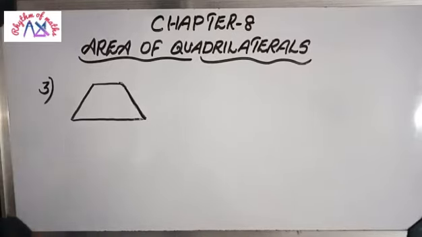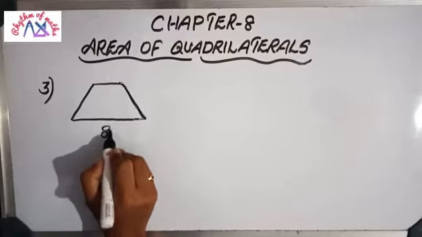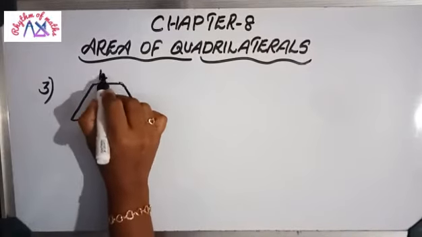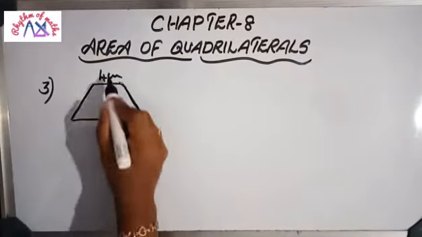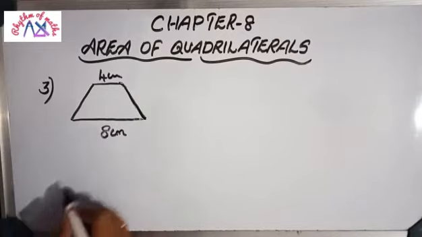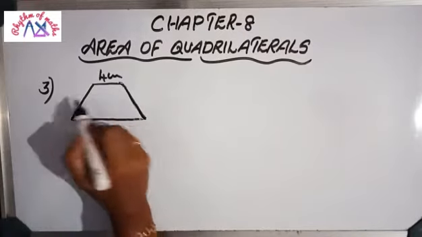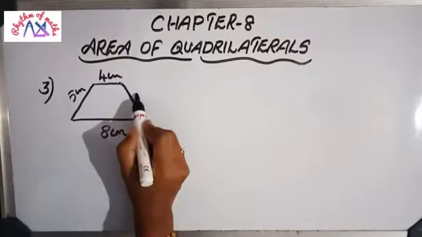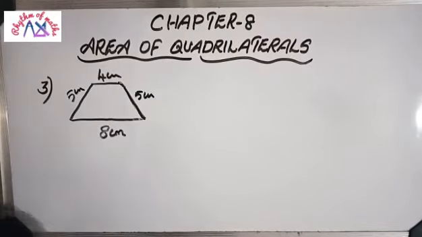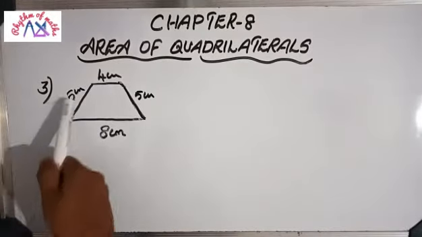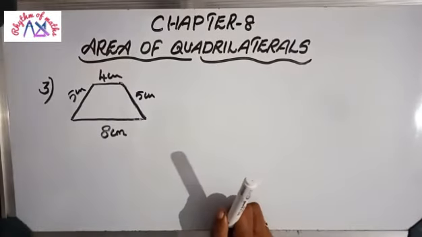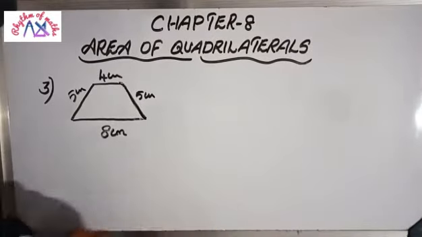So first just draw a rough figure of isosceles trapezium and parallel sides. Parallel sides measurements are given as 8 cm and 4 cm. Parallel sides means upper and lower part, 8 and 4. Next it is given that non-parallel sides are 5 cm. This is also given. Okay, 5 cm is the non-parallel sides. What is the question? What is area of this trapezium?